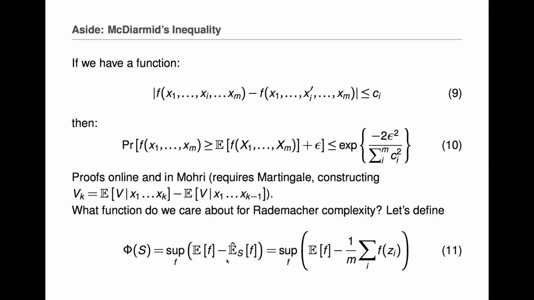And this phi is basically saying, given our family of functions f, how much will the true accuracy deviate from our empirical measurements? And we'll explicitly write out the empirical average here. And so this is a function that will plug into McDiarmid's inequality.